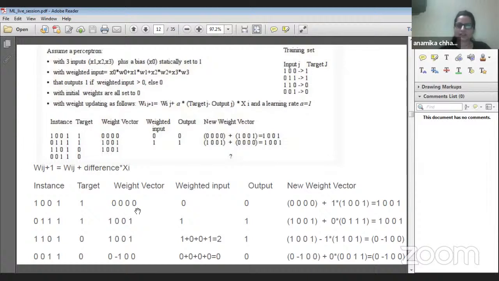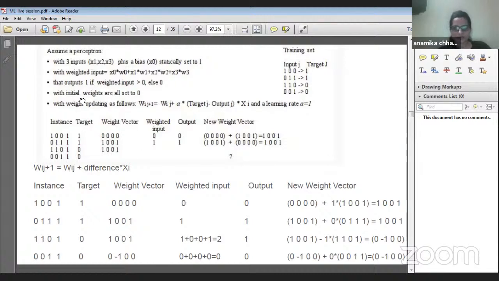Then, as I told you, the weight vector is initialized to 0 0 0 0. Now this instance will be multiplied by the weights, as I said in the first example: x1 w1 plus x2 w2 plus x3 w3 and so on. So you multiply 1 with 0, 0 with 0, 0 with 0, and 1 with 0, and the sum comes out to be 0. So that is our weighted input.